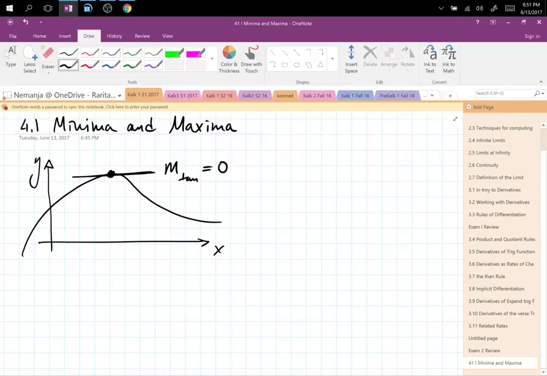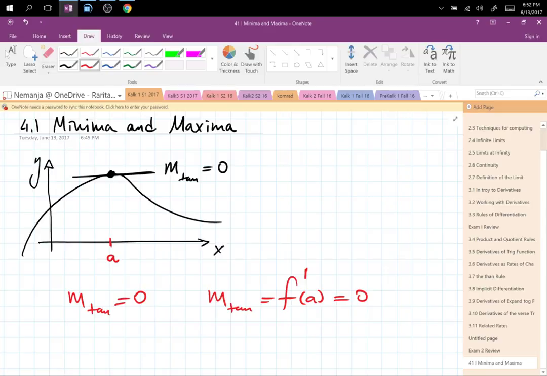So now we work this thing backwards. We say the slope of the tangent line is 0, but we know that the slope of the tangent line is the derivative computed at some point A, which means the derivative at that point A is supposed to be 0.